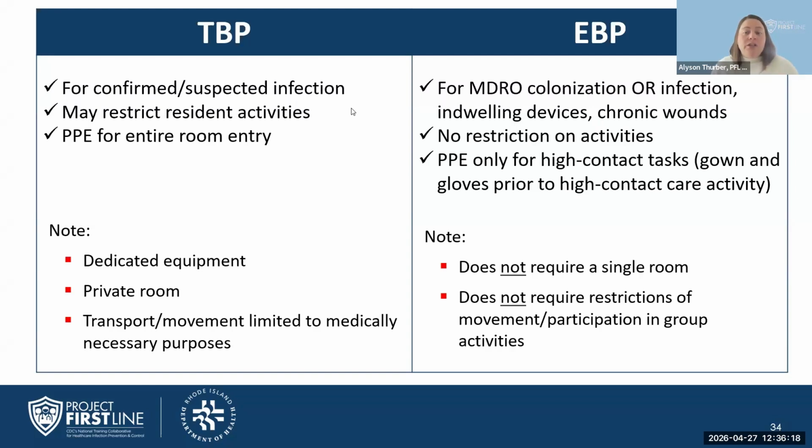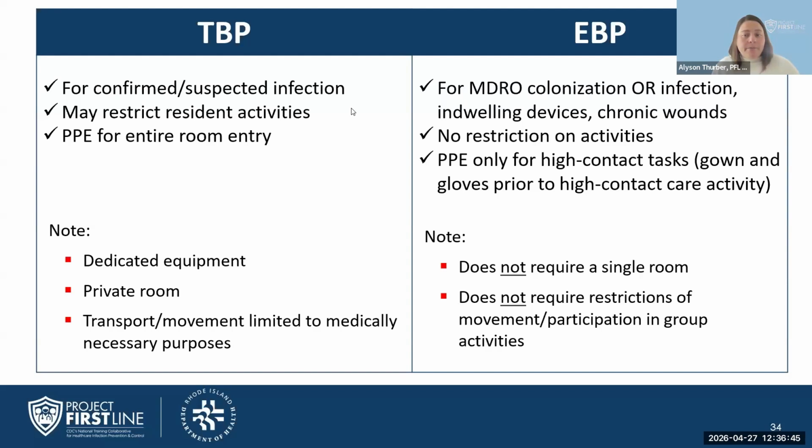With both, you'll need gowns, gloves, masks, and eye protection readily available and selected based on the anticipated exposure. Clear signage and thorough staff education are key so that everyone on the team knows what precautions are in place and how to protect themselves and others. And with both, hand hygiene must happen before putting on PPE and immediately after taking it off, and any time that you find that your hands are soiled.